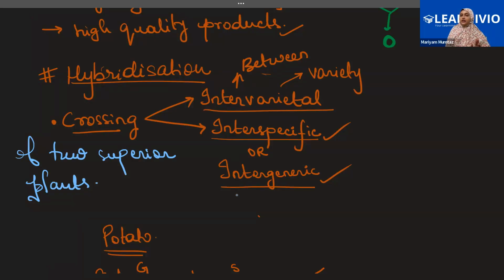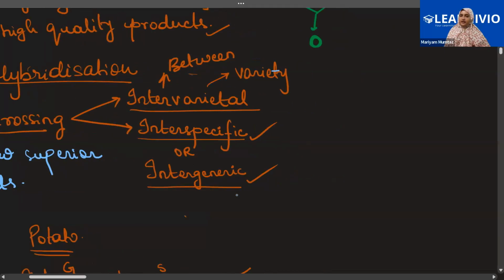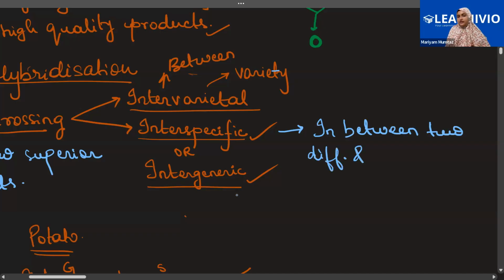Intervarietal means between two different varieties. Interspecific means between two different and superior species. Now we are taking two different species that are superior.